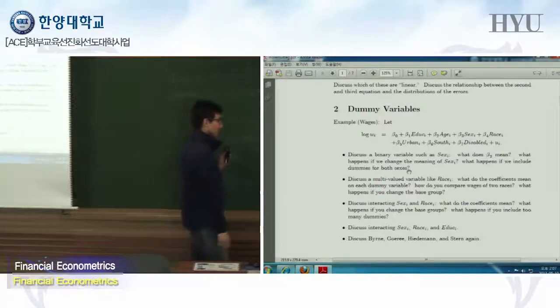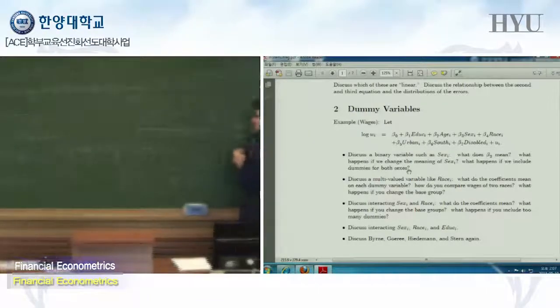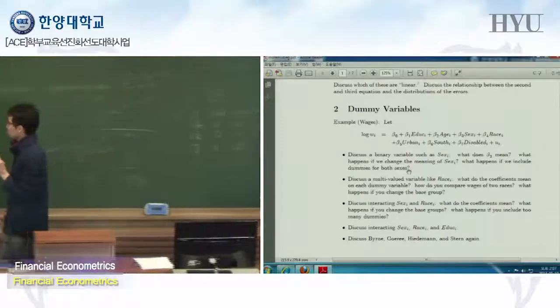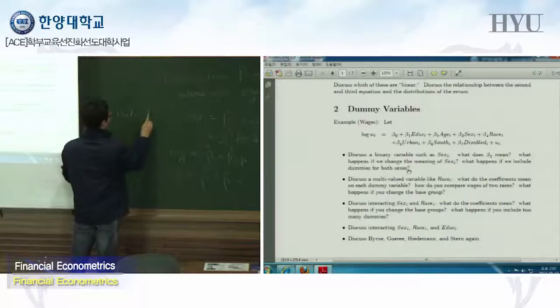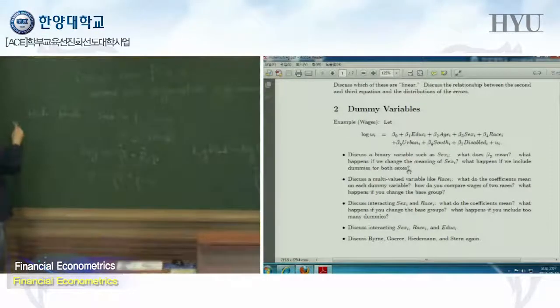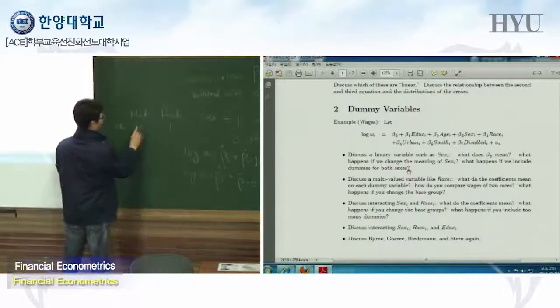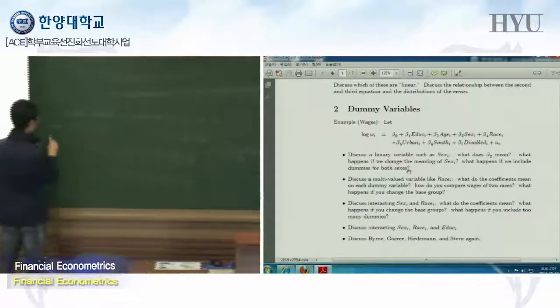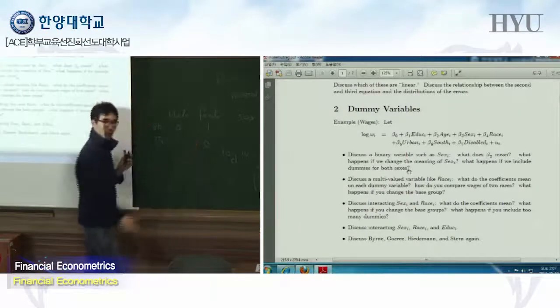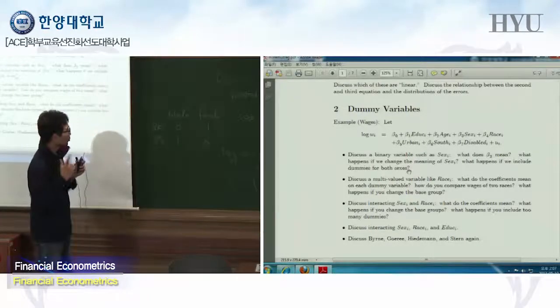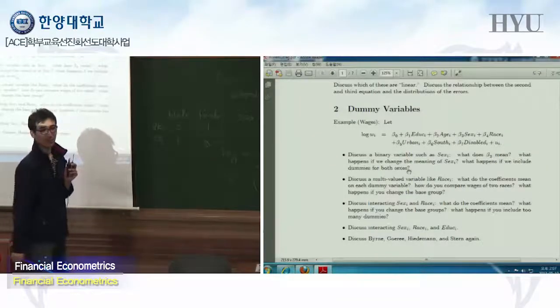Another possible strategy is to generate two dummy variables, male and female. So 최보경 학생 is female, not male. 유태석 학생 is male, not female. So another strategy is to use both dummy variables.